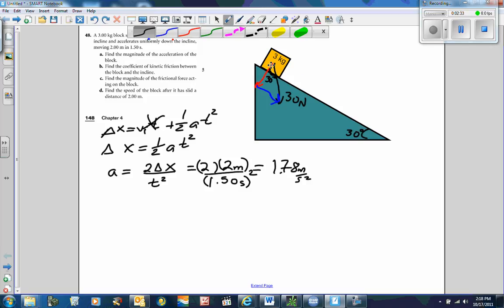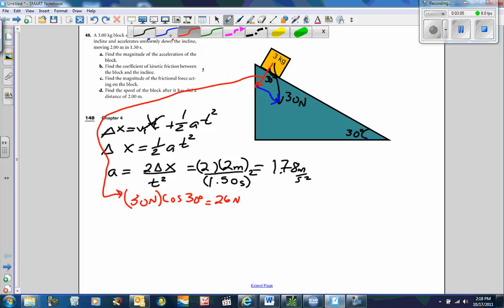All right? So how do I find the red part? The hypotenuse is 30, and the red is adjacent to the 30-degree angle. So it would be 30 newtons times cosine of 30 degrees. When I do that I get 25 point something, which is 26 newtons.